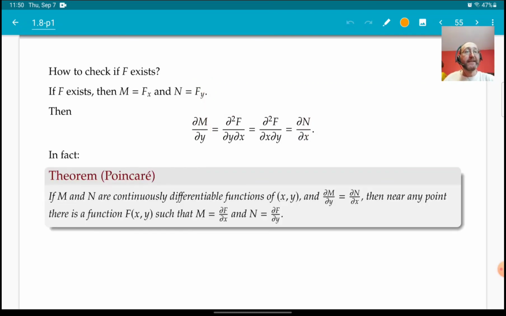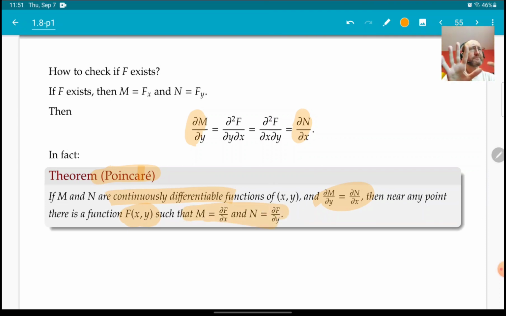All right. Now it actually works in reverse with a small caveat. This is a theorem by Poincare: if m and n are continuously differentiable, so the derivatives are continuous, and if you satisfy this equation, so this is equal to this, then near any point there is a function capital F which does the thing that you want.